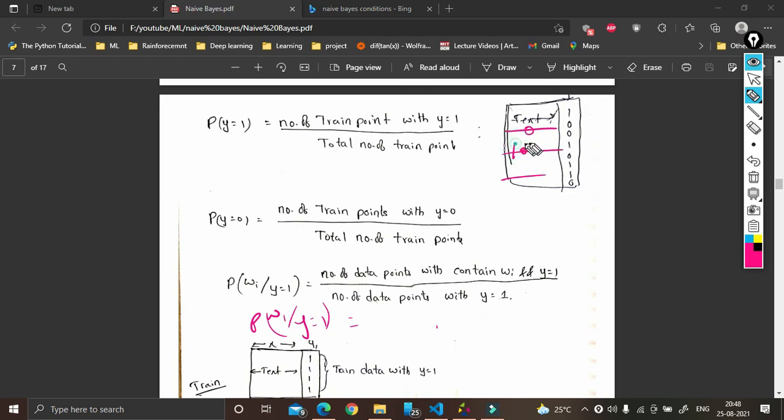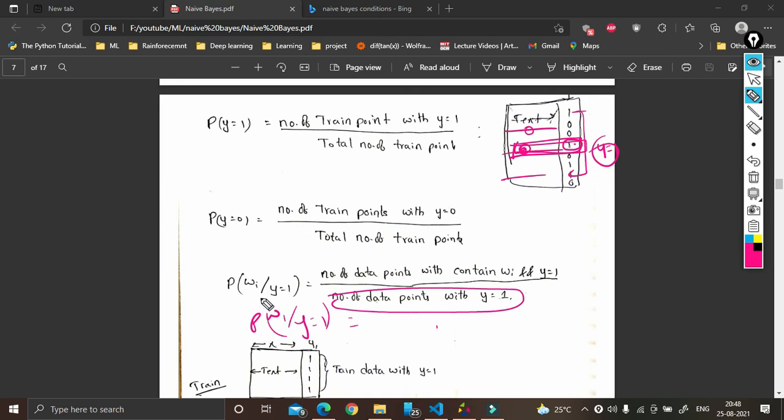We will only count the points that contain the word w1 and also have the class label y equal to 1. We count these rows and divide by the number of data points with y equal to 1. From these two things we get the probability of w1 given y equal to 1.